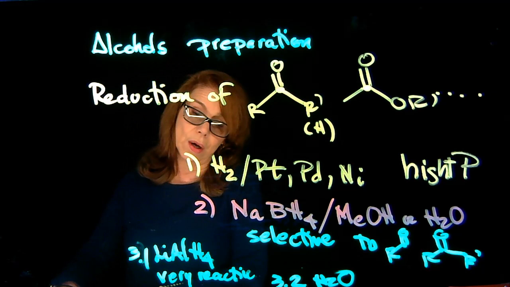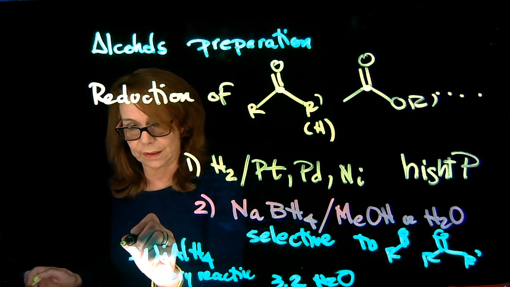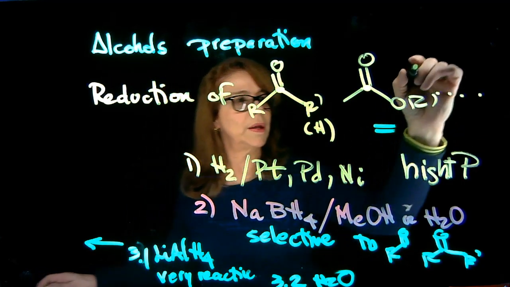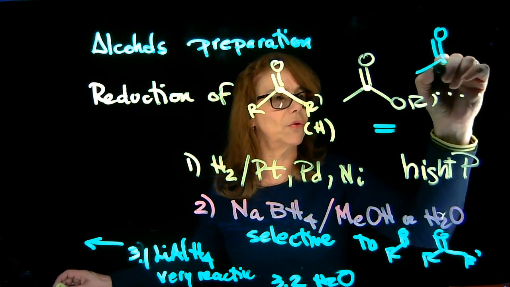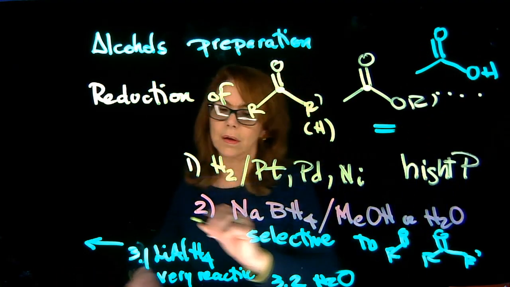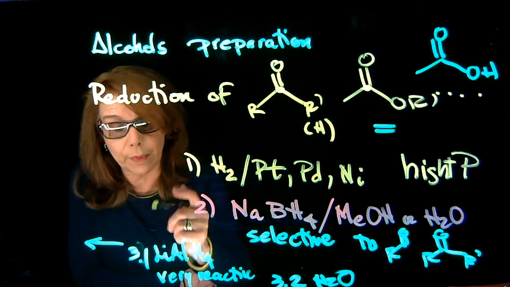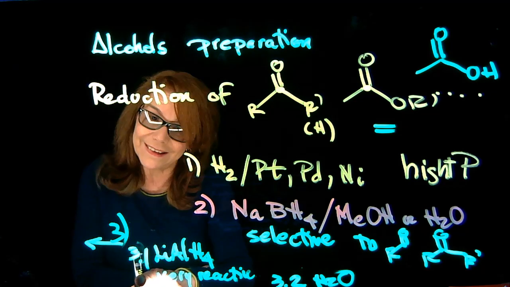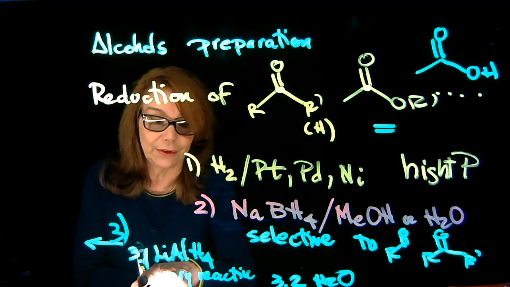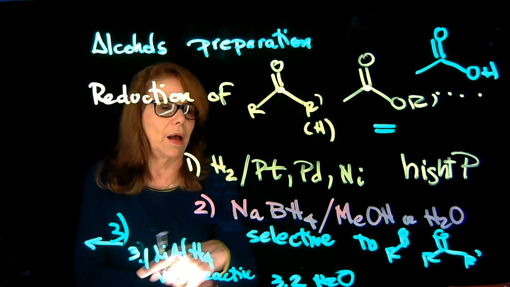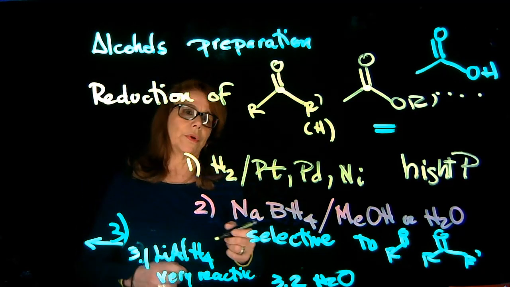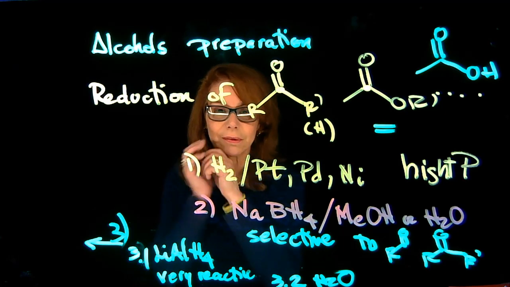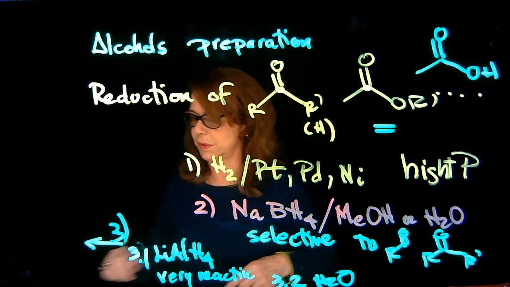However, if you want to reduce, besides that, esters or even carboxylic acids, then you would use lithium aluminum hydride. But remember, that is in 2 steps. Reagent 3.1, let's say first the hydride under anhydrous conditions, and then second you add the water. So that will be the summary of methods that we can use to make alcohols by reduction.